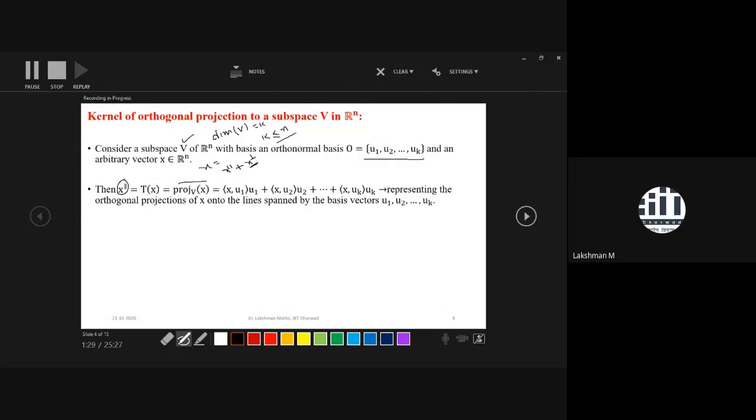In the last class, we had already seen how we can calculate the projection of a vector with respect to a subspace with an orthonormal basis. Here it is very easy to calculate.